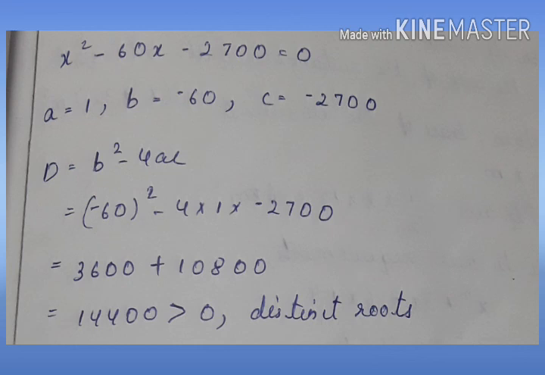Then minus 4 into 1 into negative 2700 becomes plus 10,800. So 3600 plus 10,800 equals 14,400. It is greater than 0, so we can understand that 2 distinct real roots will be there.